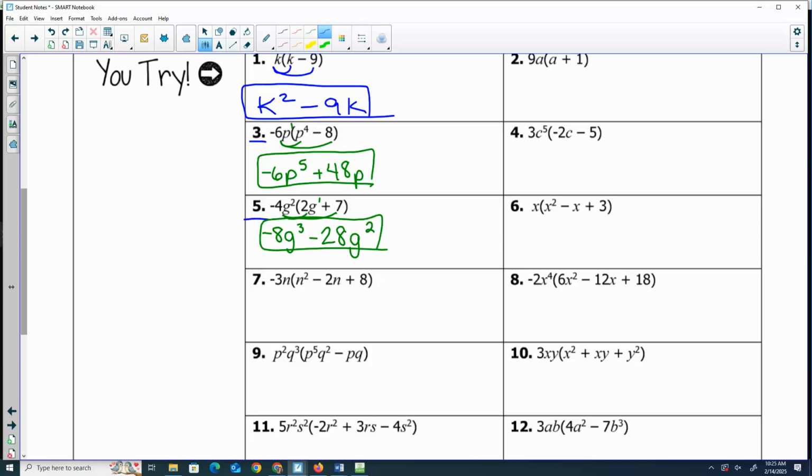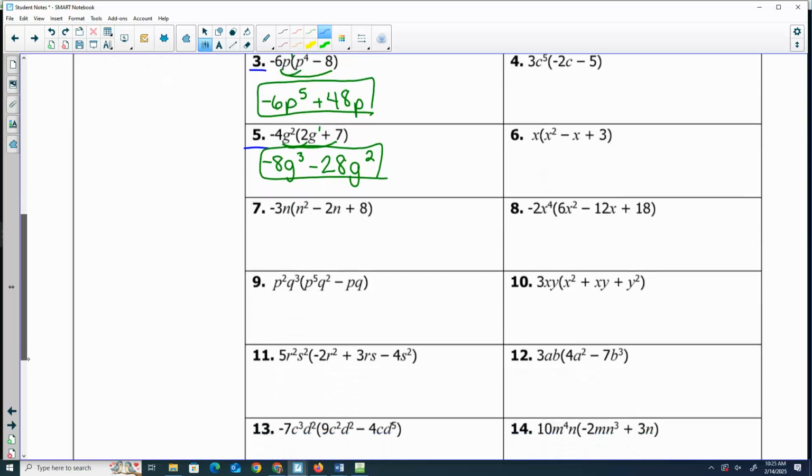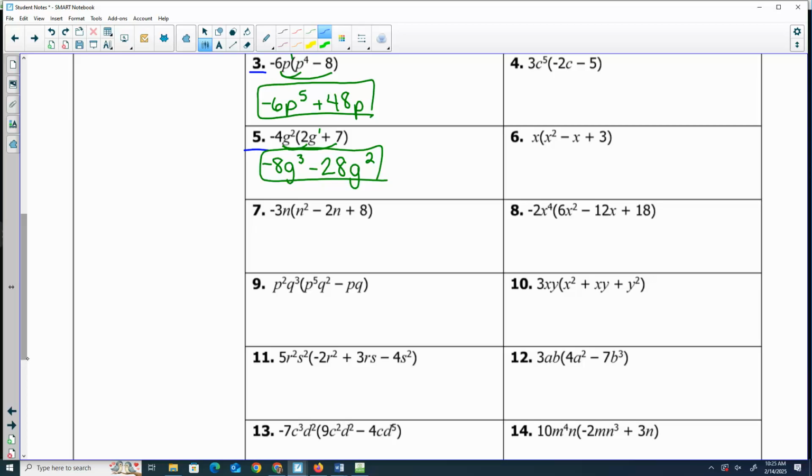How'd you guys do on those? Good. Let's look at number 7. So if I multiply these, this is like a negative 3 n to the first times a 1 n squared. So negative 3 times 1 is negative 3.